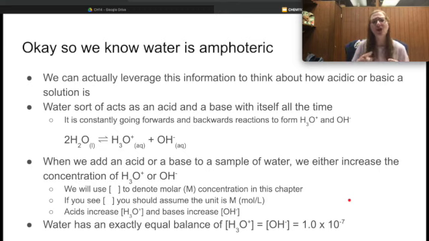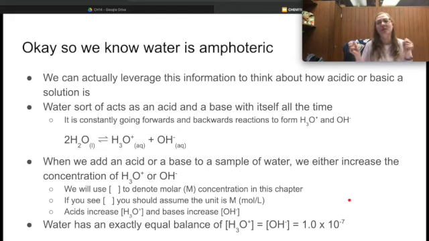So, we know water is amphoteric. Remember, amphoteric means it can act as an acid or act as a base. So we can actually leverage this information to think about how acidic or basic a solution is. So water acts as an acid and a base with itself all the time. I think this is one of the coolest things I learned. So water is constantly going back and forth through reactions where it reacts with itself to become H3O+ and OH-.